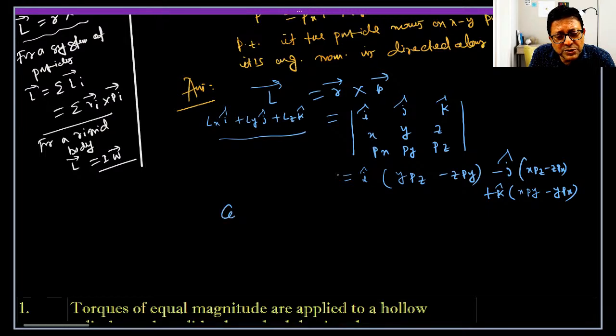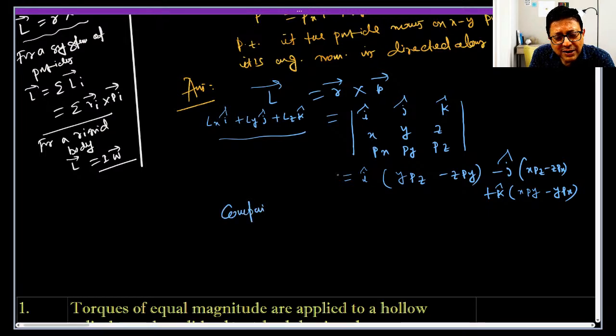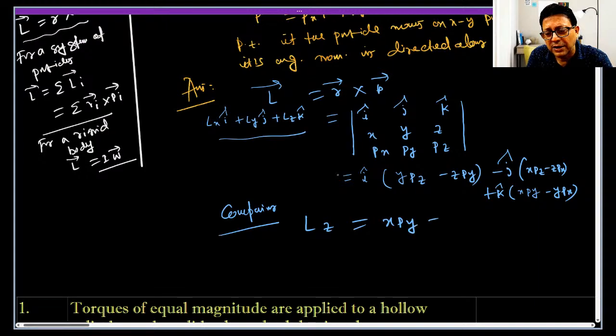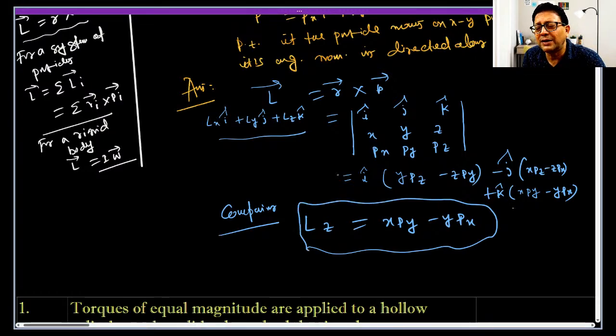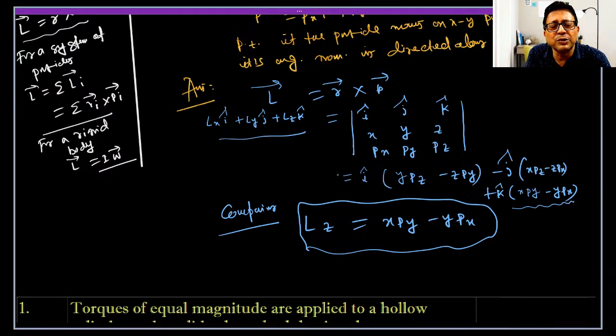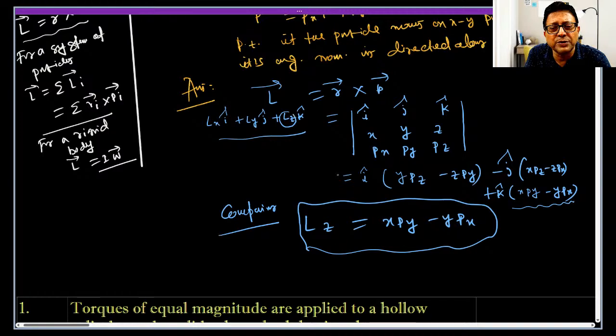So comparing two sides, we get Lz equal to xpy minus ypx. If we compare, then for the xy plane, that angular momentum will be related to this component only.